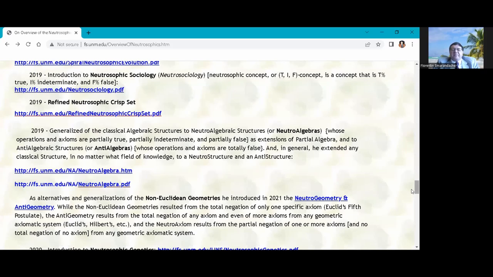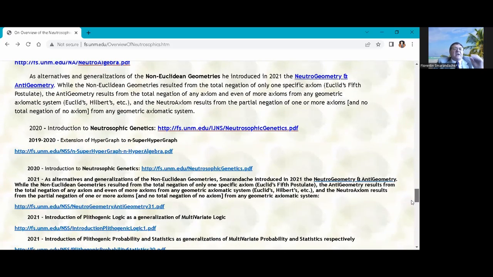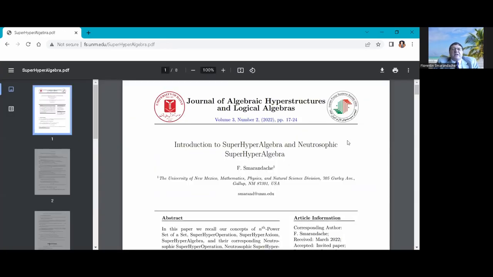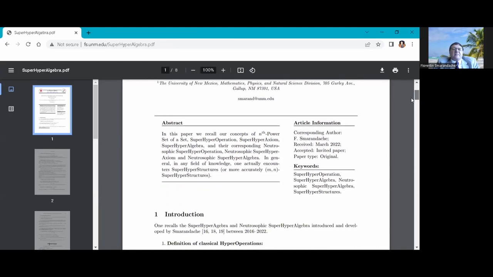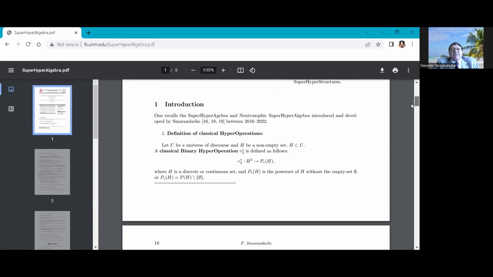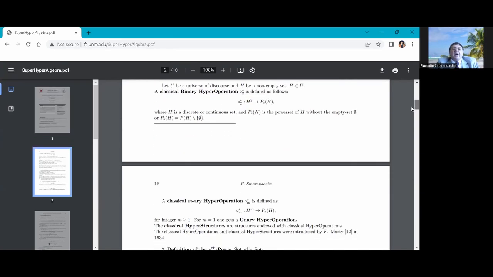Besides evolution and Neutrosophic evolution, we have also introduced the super hyperalgebra and Neutrosophic super hyperalgebra, where we define the super algebra on a power set of a power set of a power set, like in our everyday life.